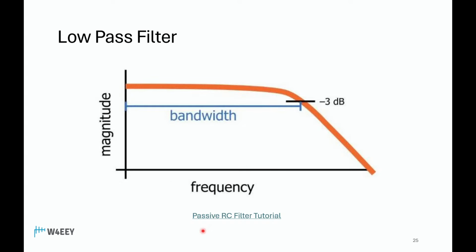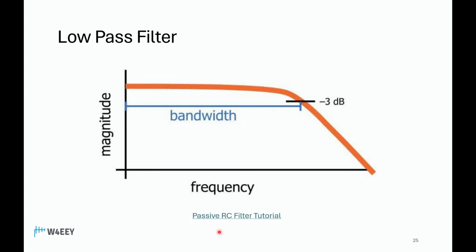A little bit bigger view of our filter. We're going to be talking about filters after our break. Reference point is 3 dB. So when we're down 3 dB from anything here, you can see that's referred to as the filter cutoff. Now I put a link here, passive RC filter tutorial.